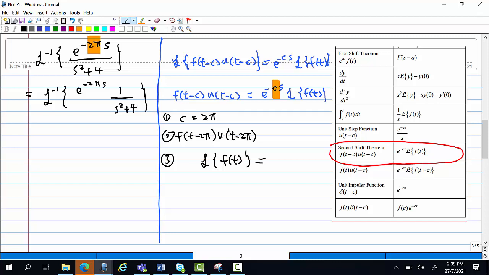So the Laplace transform of f(t) is 1 over s squared plus 4.